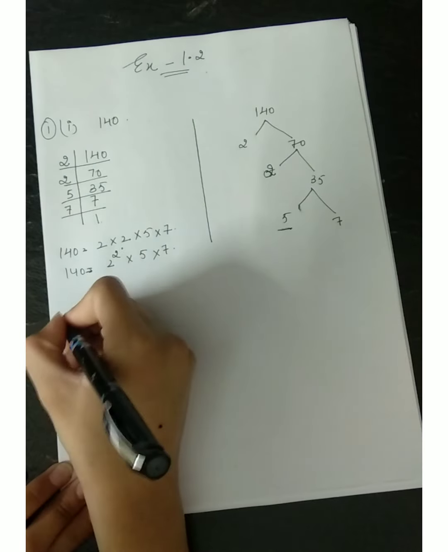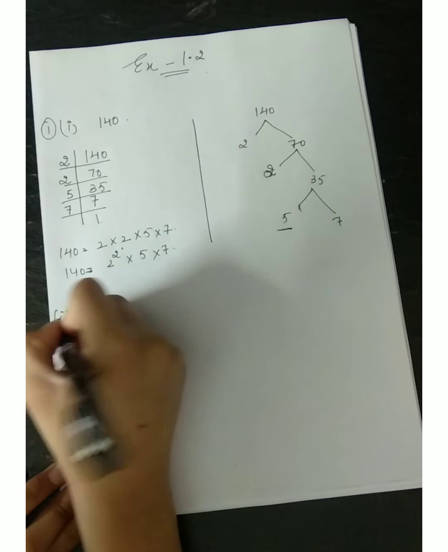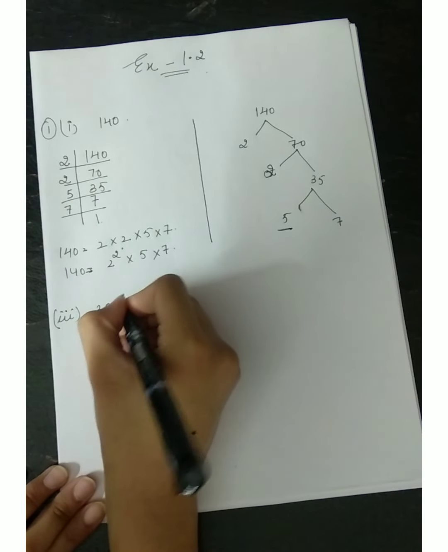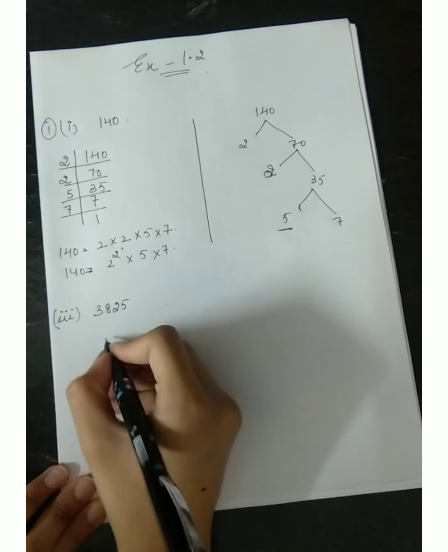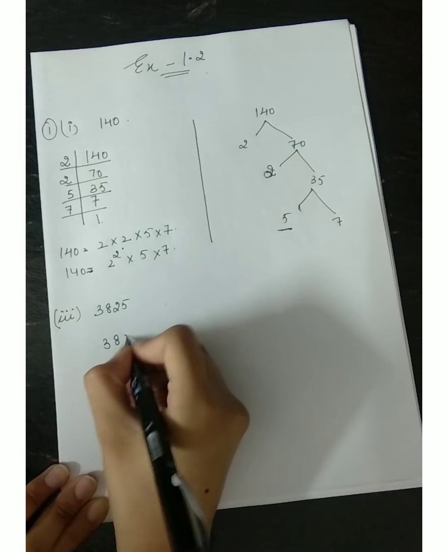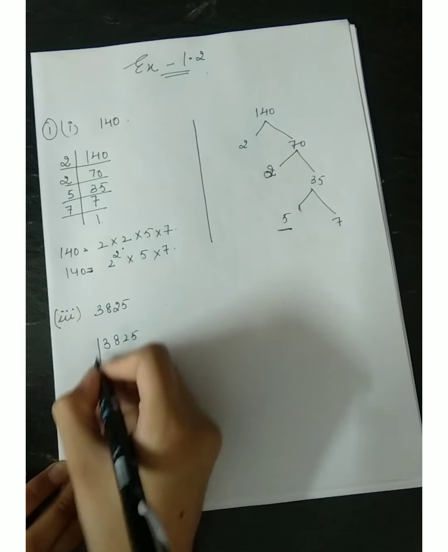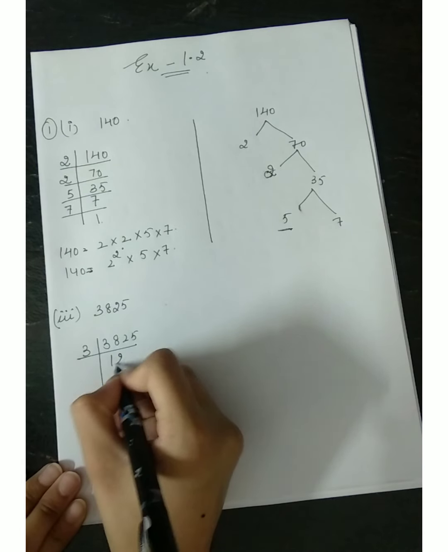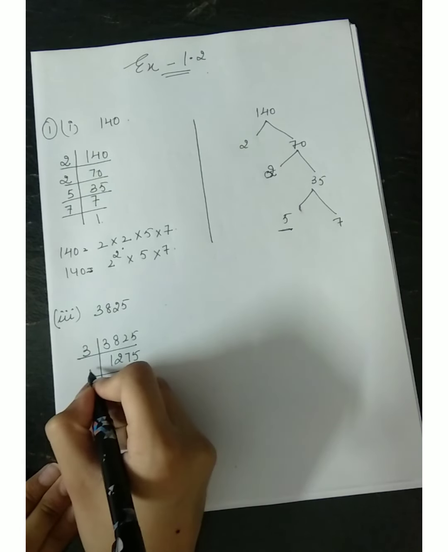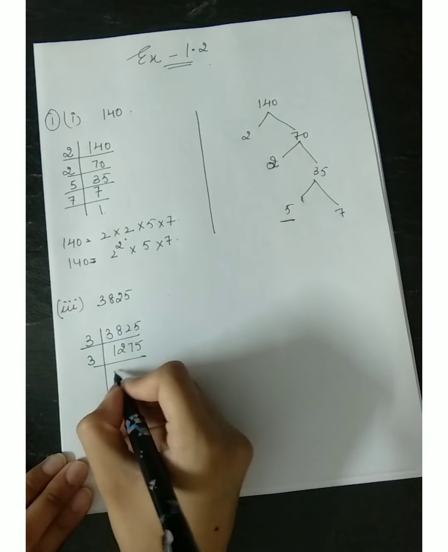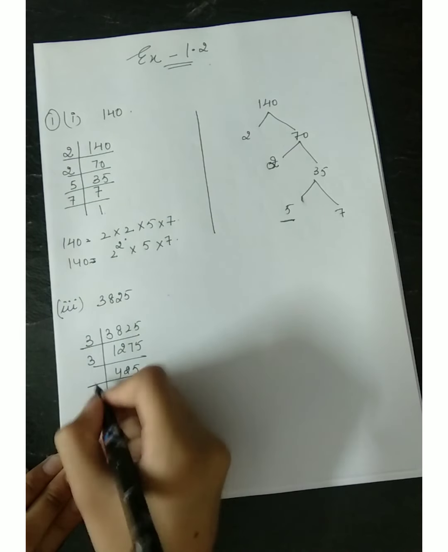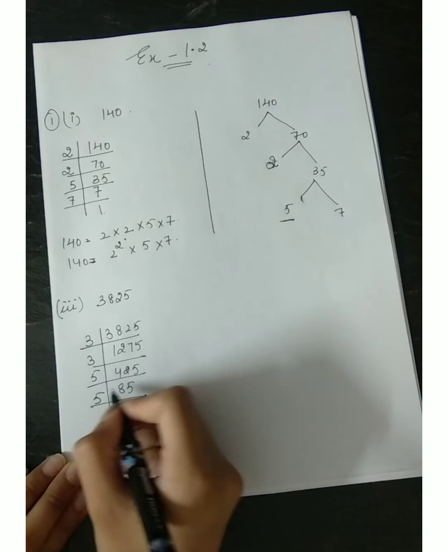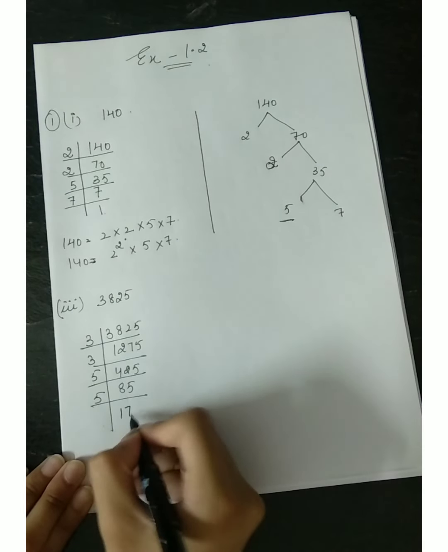Now our third part is 3825. Now 3, then 1275, then again 3, 425, then we have 5 and 85, then we have 5 again and 17.